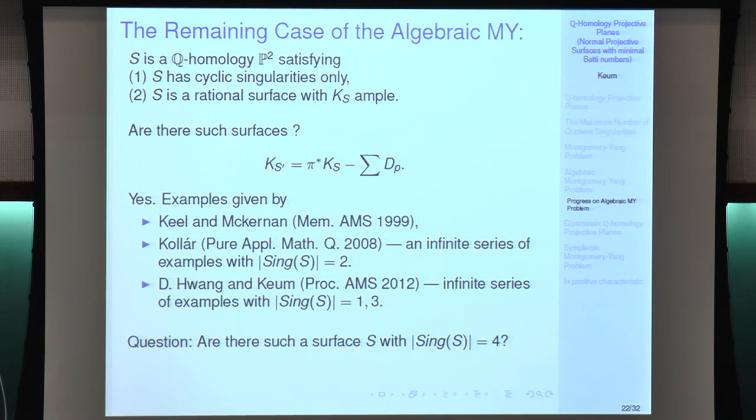So are there such surfaces with 4 singular points? Here I just get rid of the condition that the smooth part has trivial homology. Even without this condition, I don't know. We don't know any example with 4 singularities.